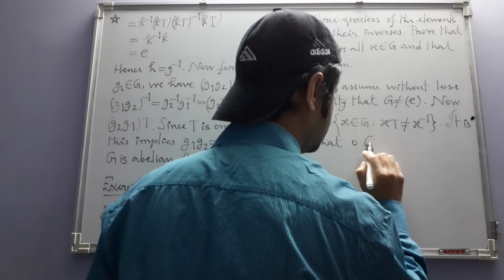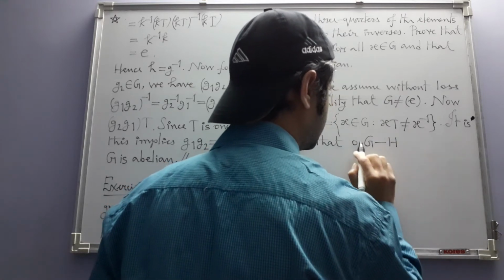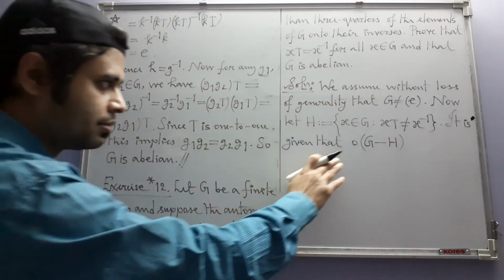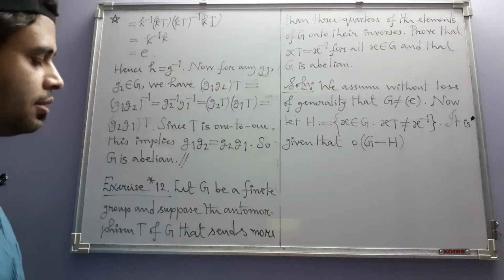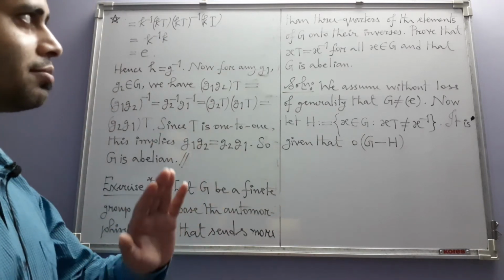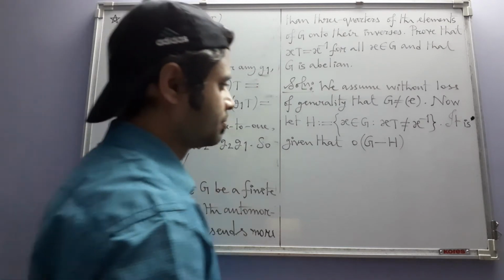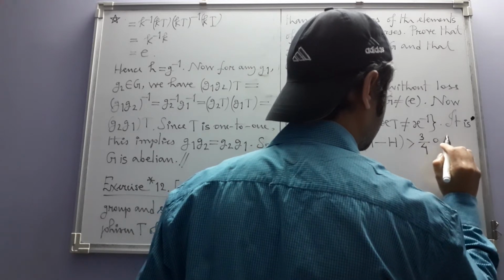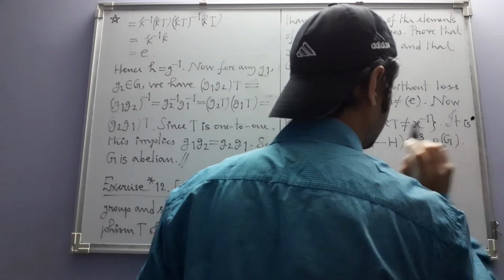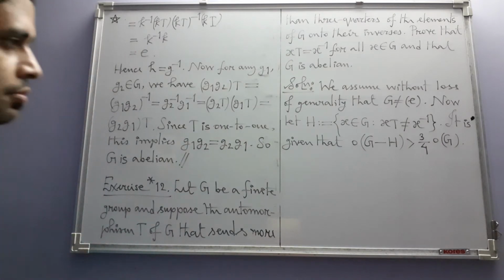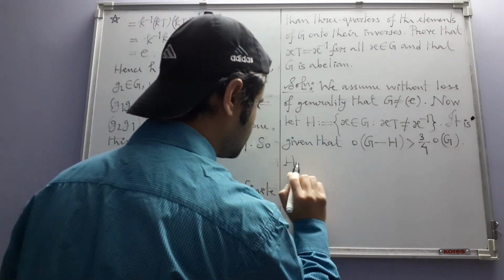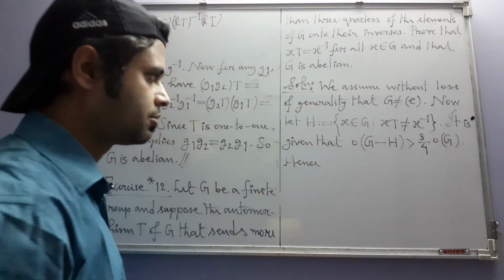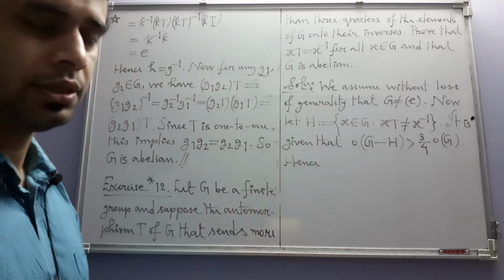So that set is G minus H, I mean G difference H. It is given that the size of this set is at least 3/4 of the order of G. Hence, what can we say about the order of H itself from here?